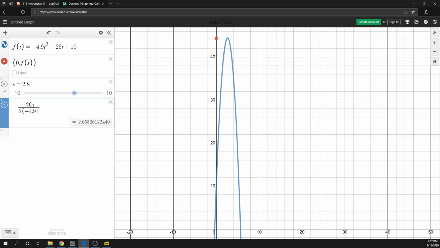All right, we get that value there. And so what we're going to do then is take that number and plug it back into this function right here. If you're using your calculator to do this, just make sure you take a few extra decimal places.